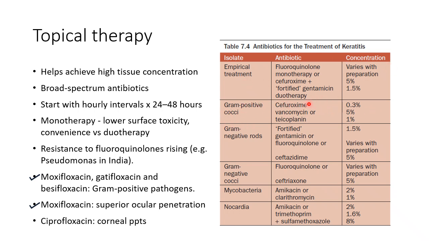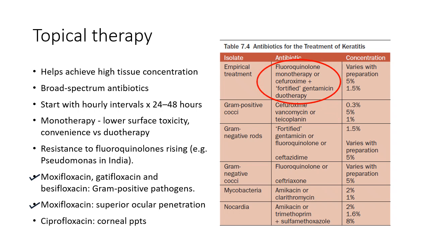Gram-positive cocci are susceptible to the following antibiotics. Similarly, gram-negative susceptible to gentamicin, fluoroquinolones or ceftazidime. Gram-negative cocci susceptible to again fluoroquinolones or ceftriaxone, mycobacteria and nocardia with their respective antibiotics to which they are susceptible. Remember, empirical therapy.